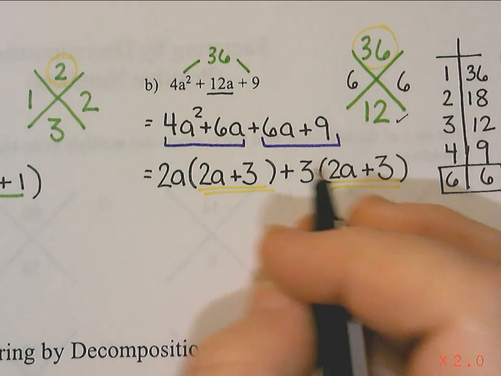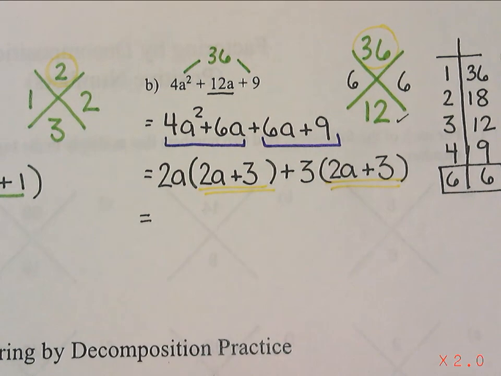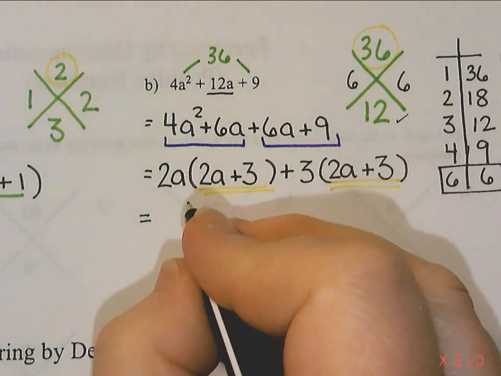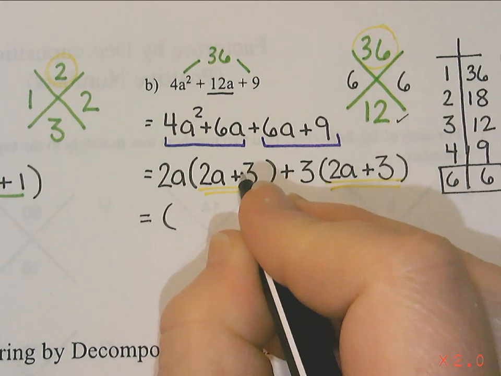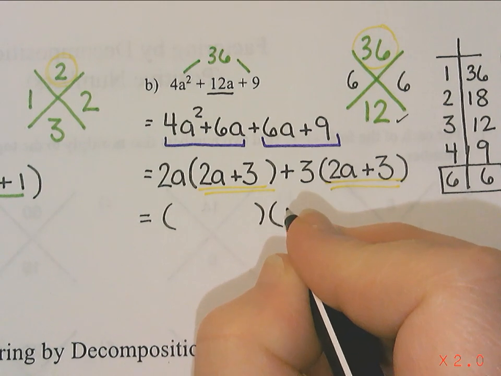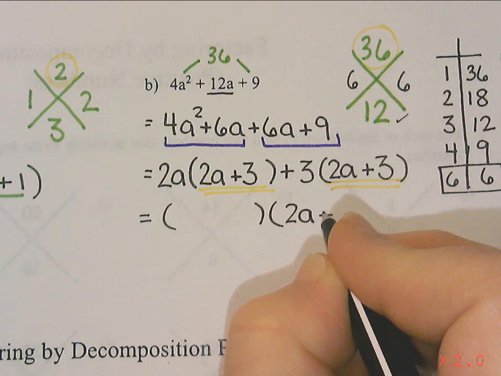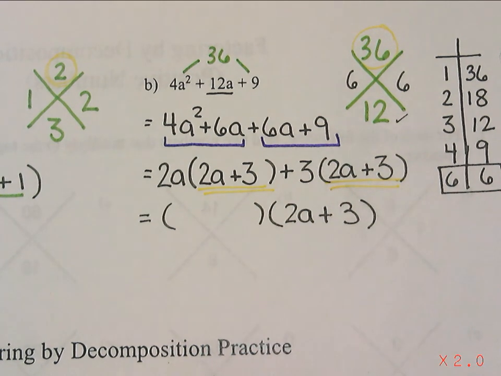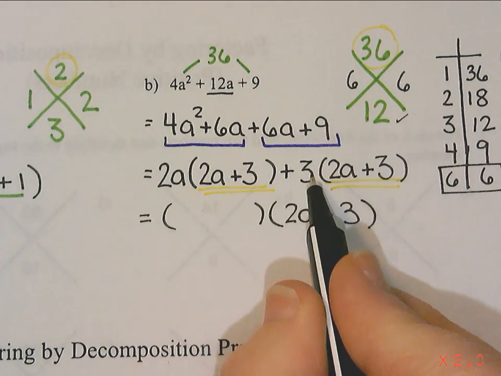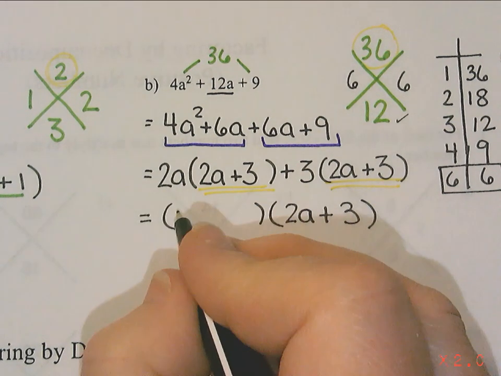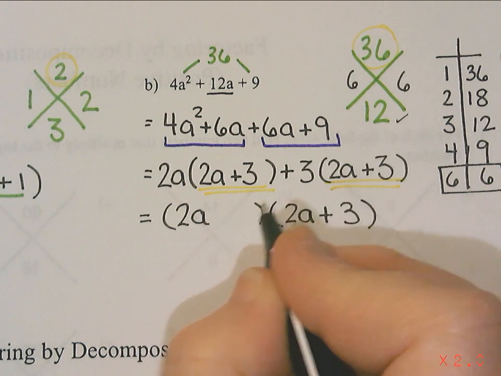So here we just have one last step to go to get back to that original multiplication question. Because I have that bracket being repeated, I know that the second bracket was 2a plus 3. And then I can figure out the first bracket by looking at what we're multiplying by. We are multiplying by 2a plus 3.